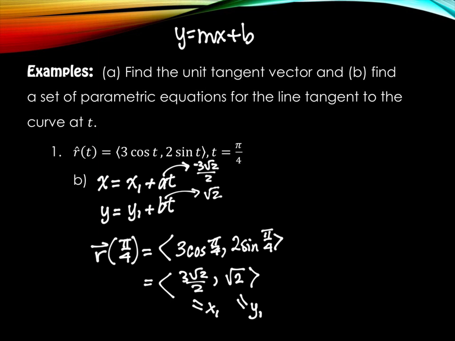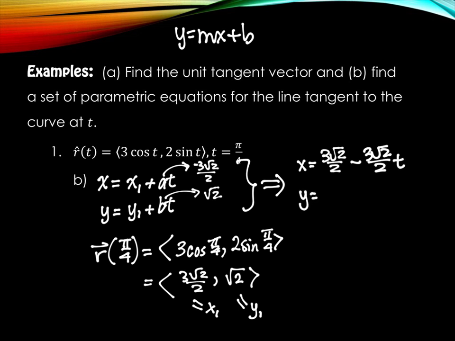So we can actually put these into this equation just like we're going to put the a and the b in. So this right here will become x equals 3 square root 2 over 2, plus my a value, which is actually negative, so minus 3 square root 2 over 2 t.